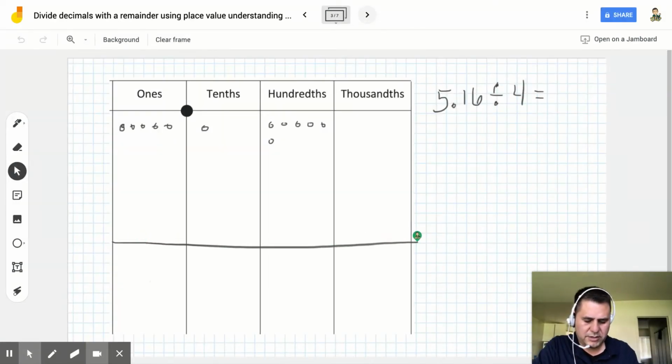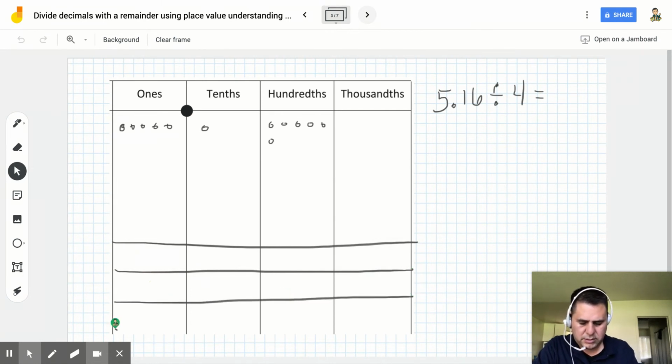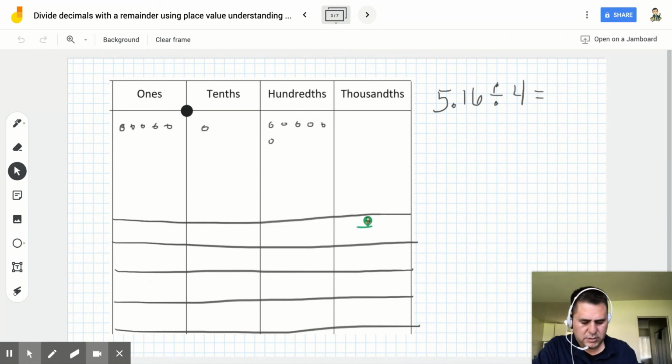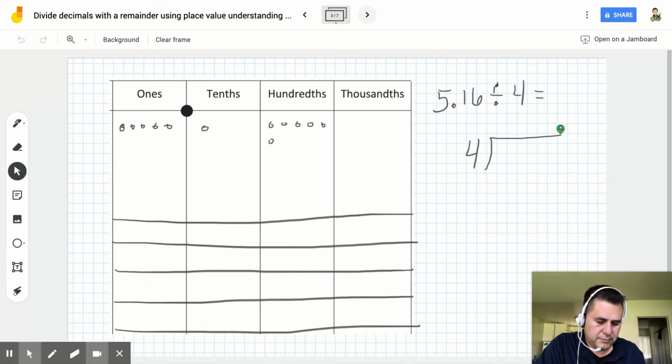Remember, 1, 2, 3, 4. Now, where do we start? Let's do both at the same time. Let's do the chip model and the algorithm.